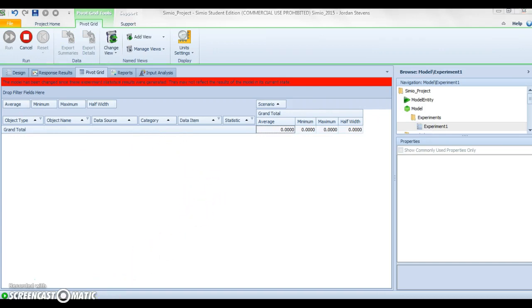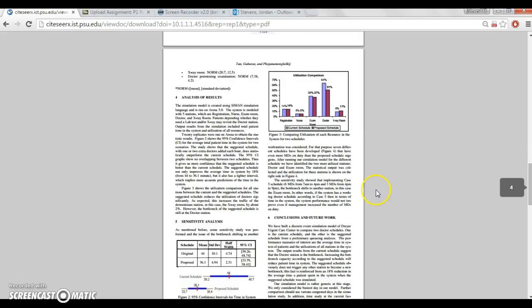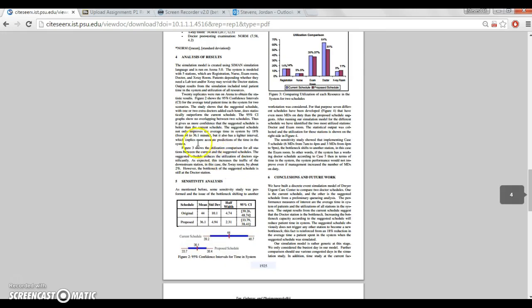While I'm running my experiment, I'm going to go over the results. So they have their results here. They ran it through Arena, and they have the way their model was set up. And they also have a 95% confidence interval, okay? Now their study shows that there was an 18% reduction in the average time in system from 44 minutes to 36 minutes.